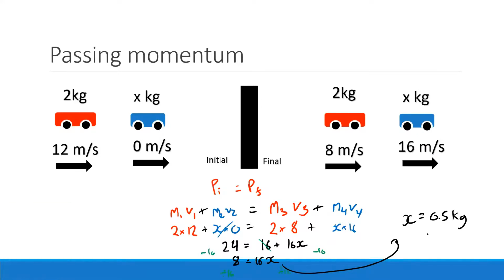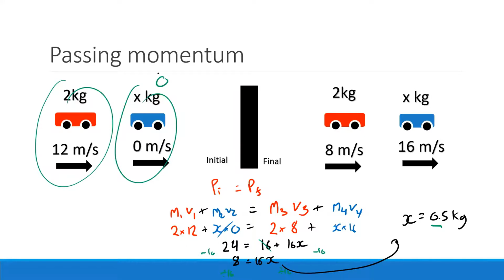And so it turns out that that's lighter, and that's again what we were thinking it would be. It would be a lighter mass. That's our good check at the end, just to see if this makes sense. So let's go through what I did to solve this. The amount of momentum at the start and the end must be the same. Our initial momentum is the momentum of this added to the momentum of this.